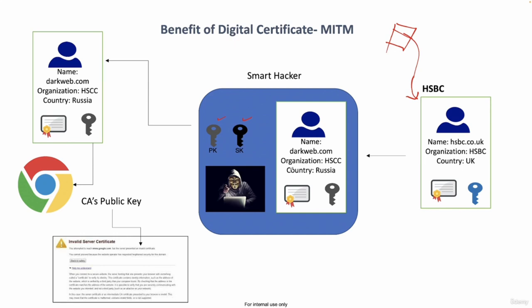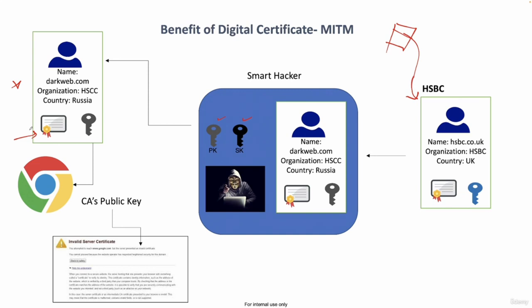Now these web browsers are intelligent. They already know about all these CAs and the CAs' public keys. So the web browser tries to use the CA's public key, and hey, there is a mismatch, right? Because it's not able to decrypt this certificate, as it has been encrypted by some other private key.